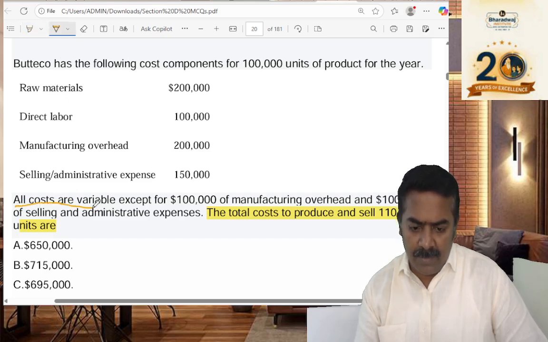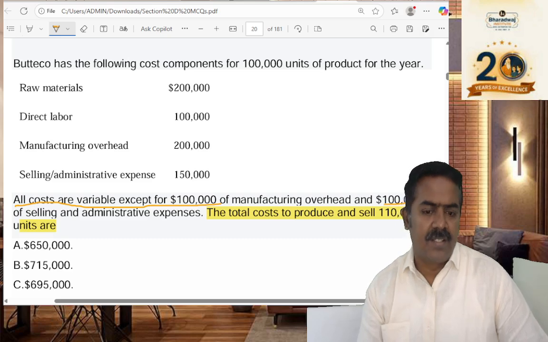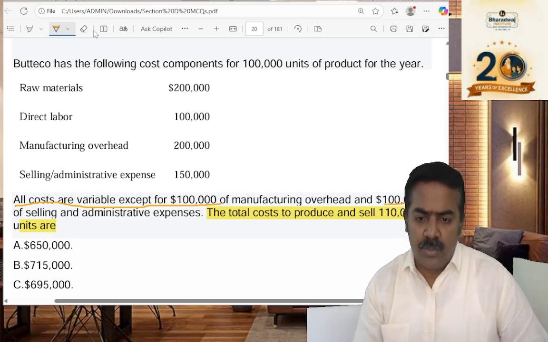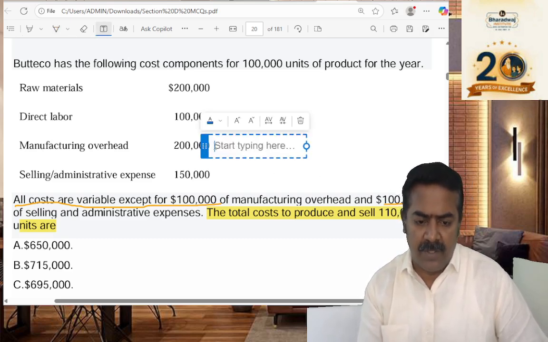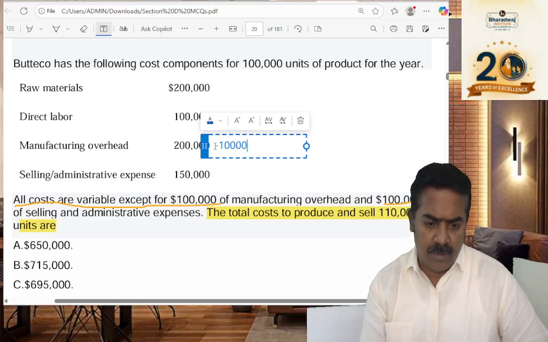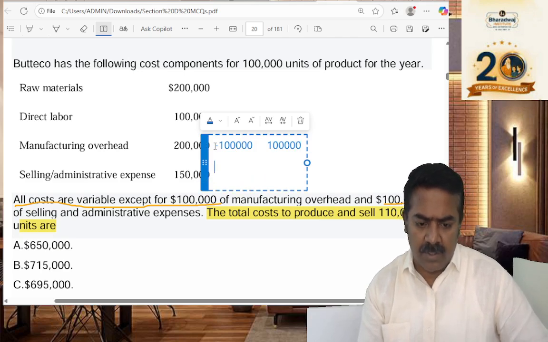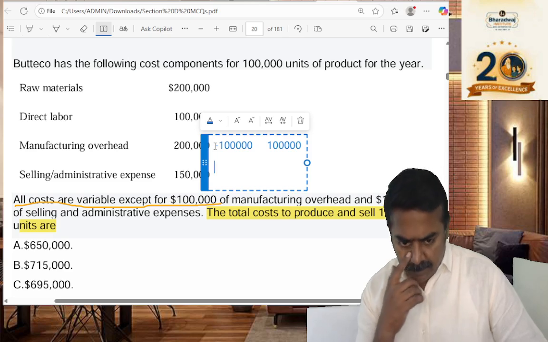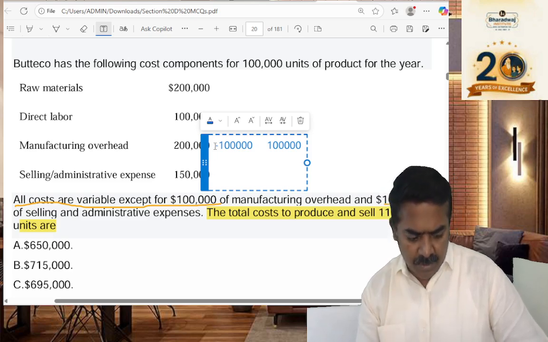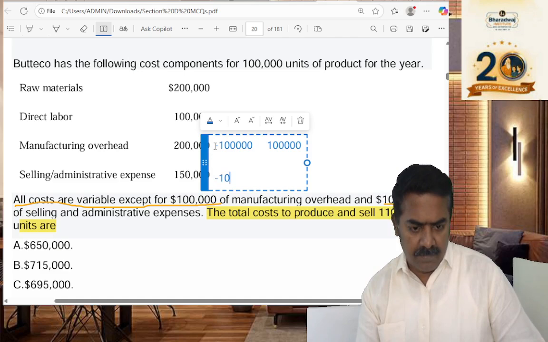All costs are variable except 1 lakh for manufacturing overheads and 1 lakh for what? Selling and administration overheads. So from the manufacturing overheads, you have to eliminate what? 1 lakh. So balance will be variable. Administration overheads, how much you have to eliminate? That is also minus 1 lakh. So balance will be variable.